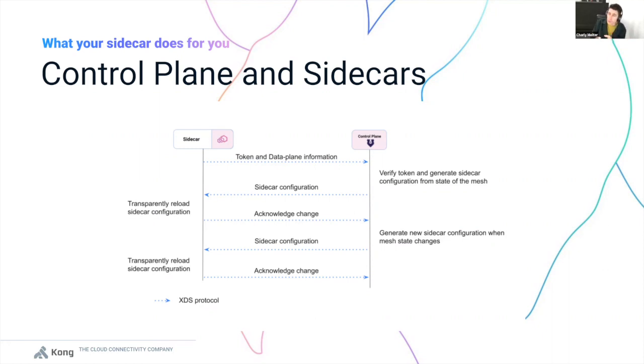The sidecar will transparently reload this configuration to be able to be up to date to receive and send traffic as it needs. It's very important to understand here that it's transparently reloaded. And that means you don't need to restart your sidecar. You don't really need to do anything on your application stack. This is quite useful.